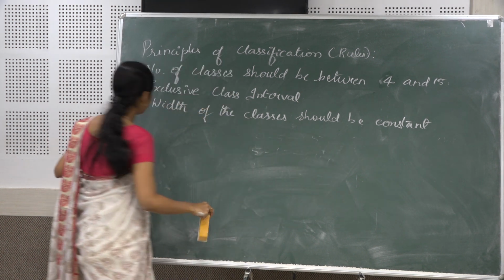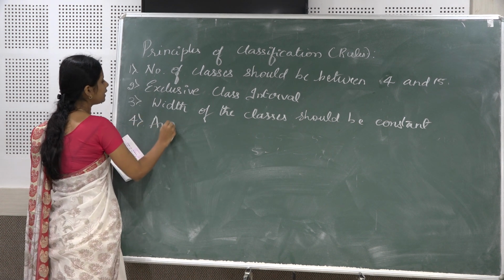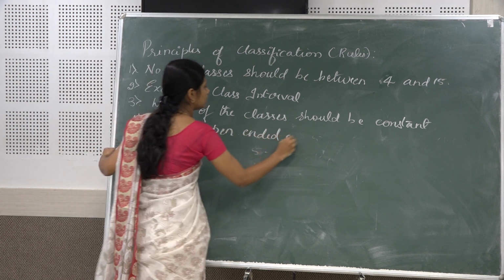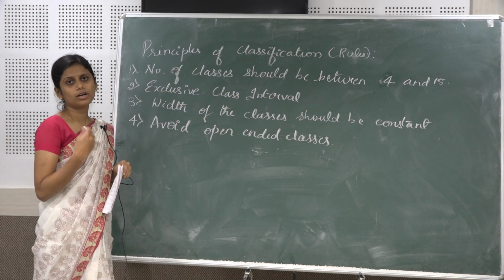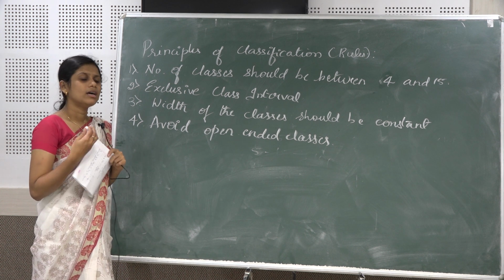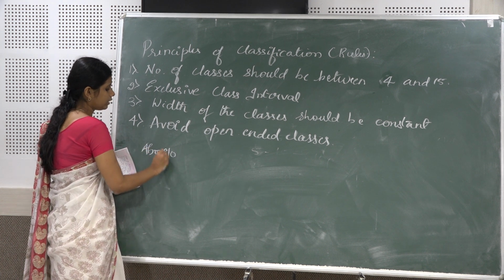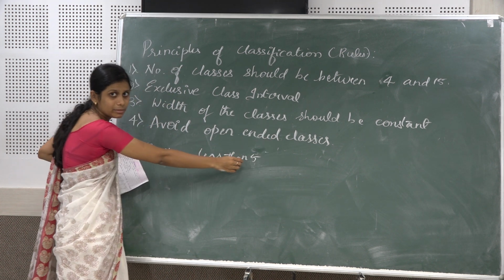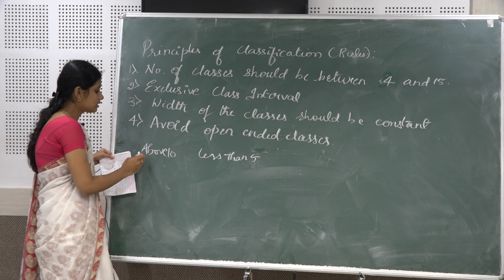Next, the fourth principle or the fourth rule of classification is to avoid open-ended classes. What are open-ended classes? Open-ended classes are those classes where either the lower limit or the upper limit of the class is not specified, like less than 10, or one more example is above 10. Here, less than 5 means the upper limit is specified, it is 5, but the lower limit is not specified. This is called an open-ended class. See here, above 10.